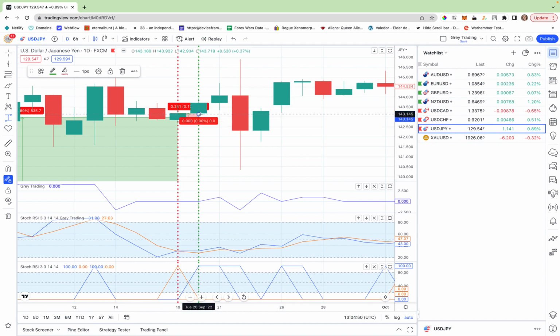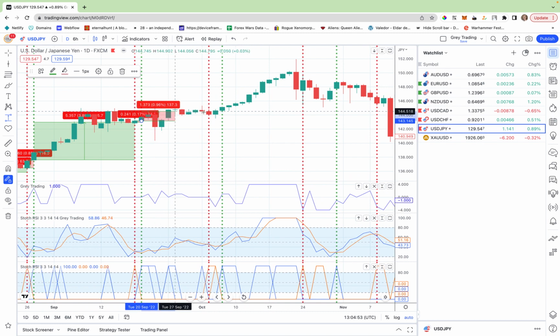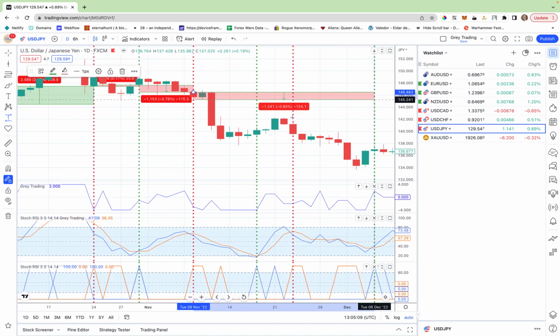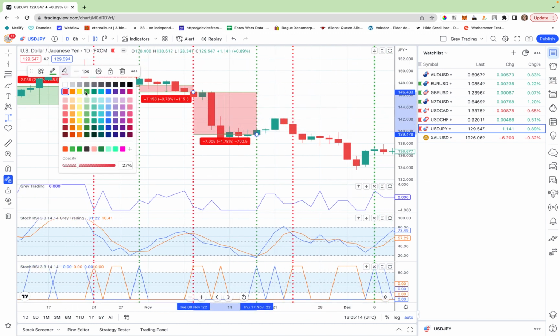We're in September. Still quite a bit to do. Good gain there, 5%.